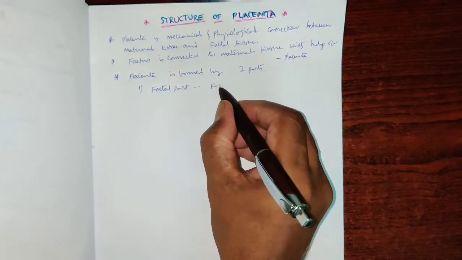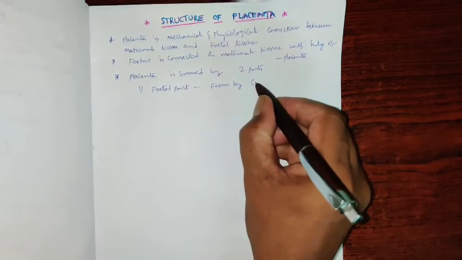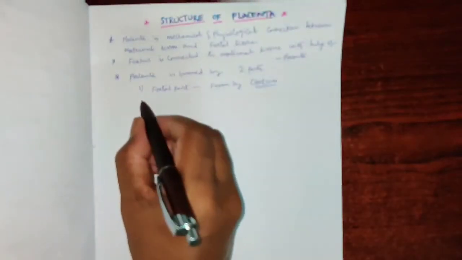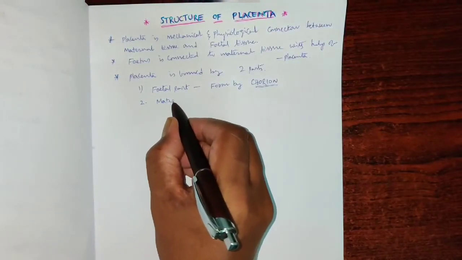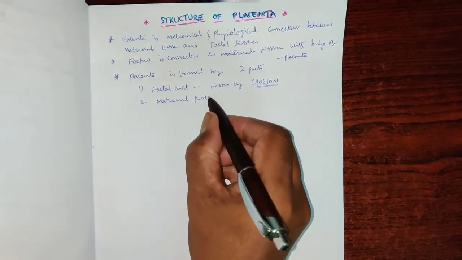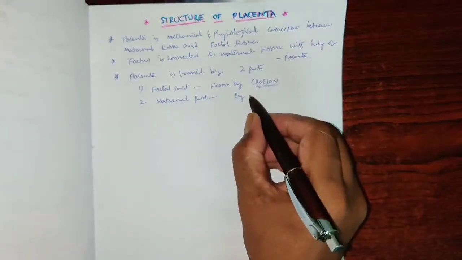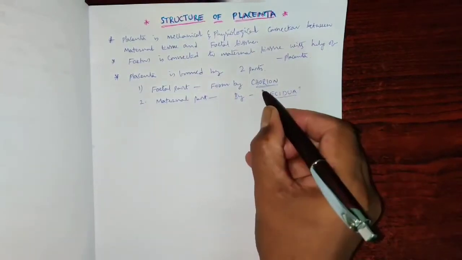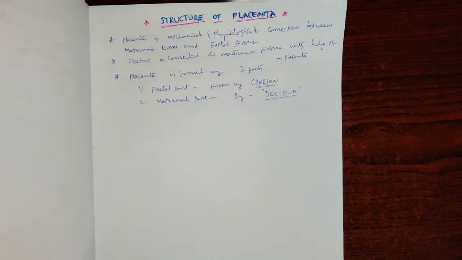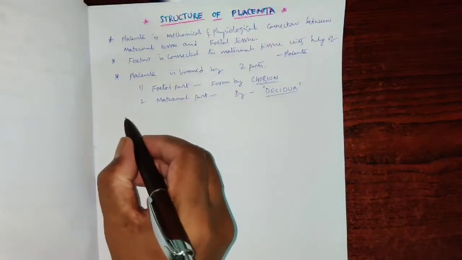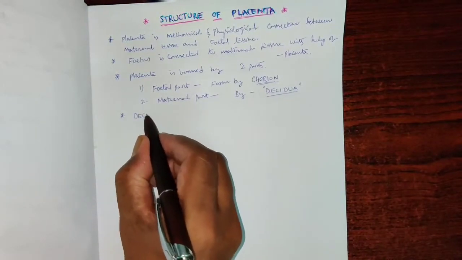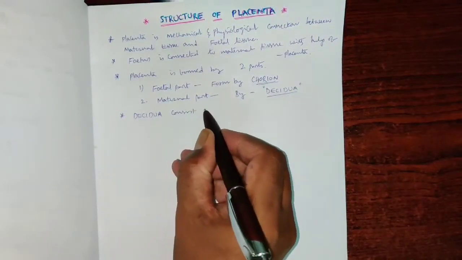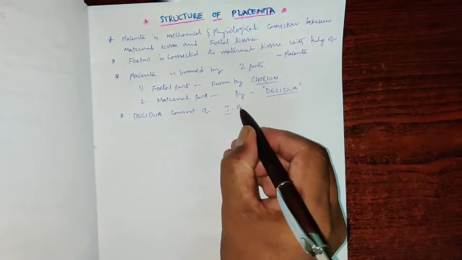It is formed by chorion or chorionic villi, and the maternal part, which is formed by decidua. Decidua consists of three parts.